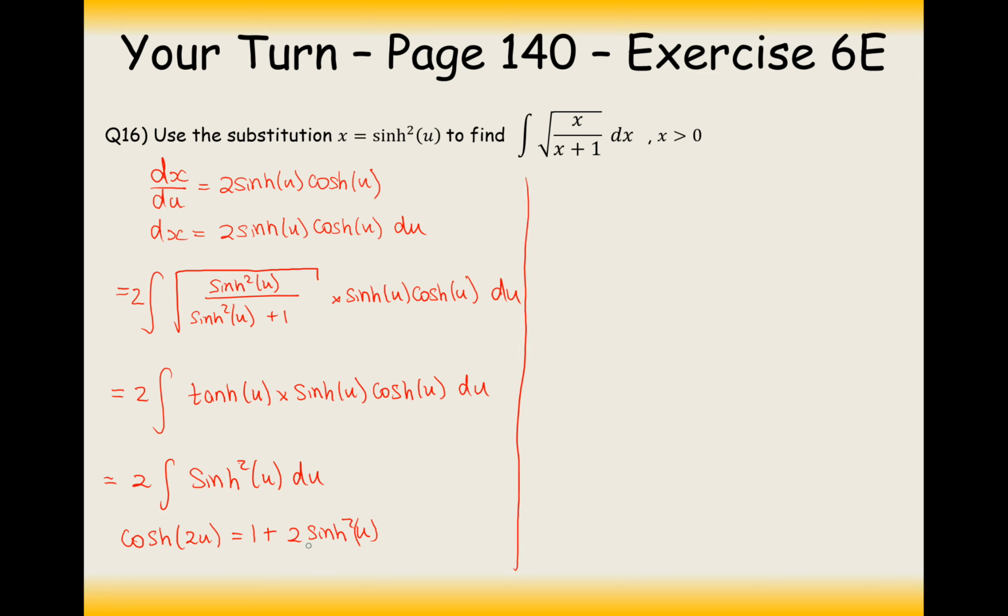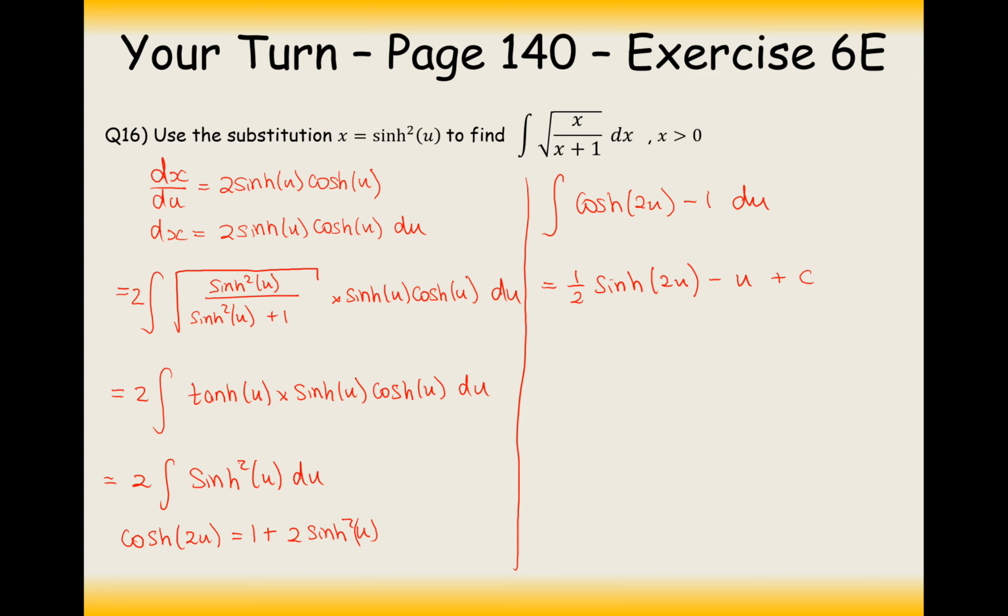So eventually when we come around to rearranging this, the 2 and that half will cancel out, so it's going to be cosh 2u minus 1 du. The half and the 2 will cancel each other out. Then let's do the integration, so it's going to be 1 over 2 sinh 2u, and then it's going to be minus u plus c.